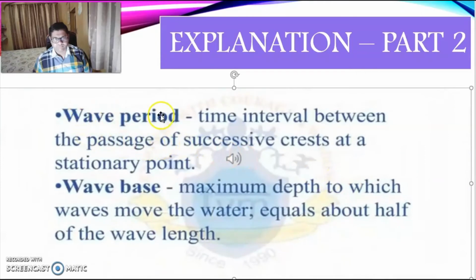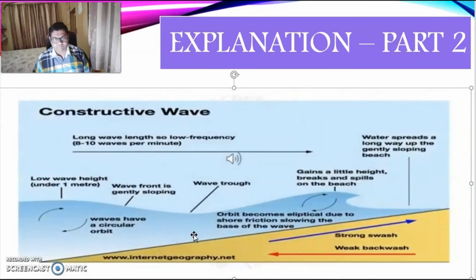What is wave period? It is the time interval between the passage of successive crests at a stationary point. And wave base is the maximum depth to which waves move the water, equal to about half of the wavelength. Now types of waves.